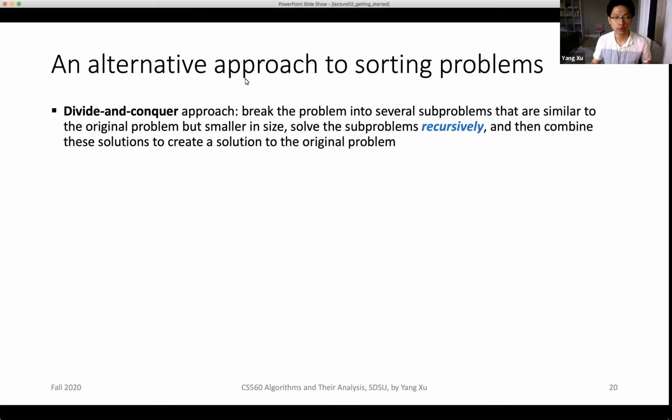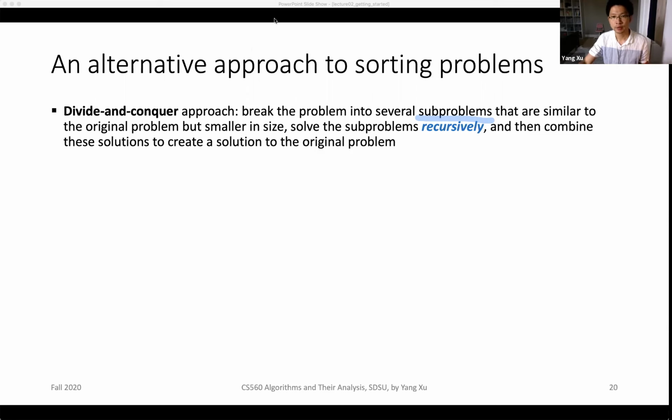The so-called divide and conquer approach will break the problem into several smaller sub-problems. Those sub-problems are similar to the original problem, but only smaller in size. So they are in nature the same type of problems, but of smaller sizes.